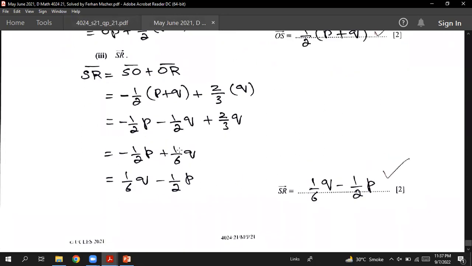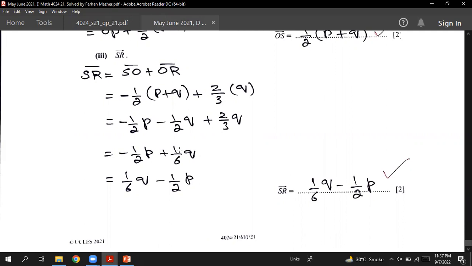If you want to find SR, it will be SR equals SO plus OR. So SO will be minus 1 by 2 of (P plus Q), and OR will be plus 2 by 3 of Q. So you will have minus 1 by 2 P minus 1 by 2 Q plus 2 by 3 Q. There are two terms which have Q with them, so we will add them.